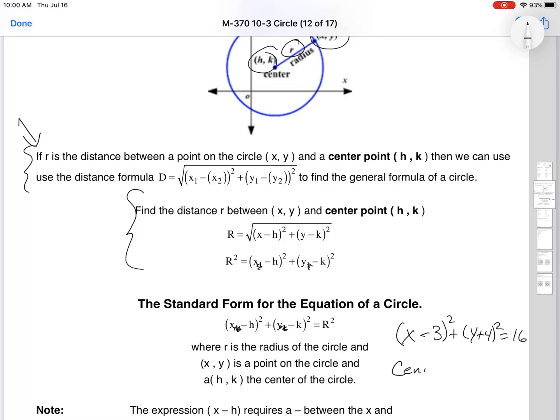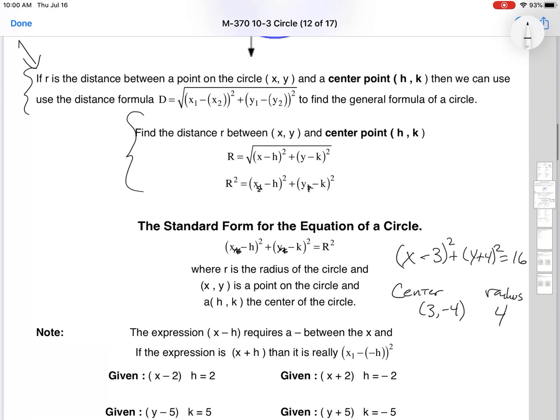You'd know the center of that circle is at 3, negative 4, right? Are you okay with that? It's x minus h, and the center was at h, k, so we're going to be subtracting away that 3, so it's going to be a positive 3 and a negative 4 as a center, and the radius is going to be not 16, but the square root of 16, or 4, right? And so the radius is 4.